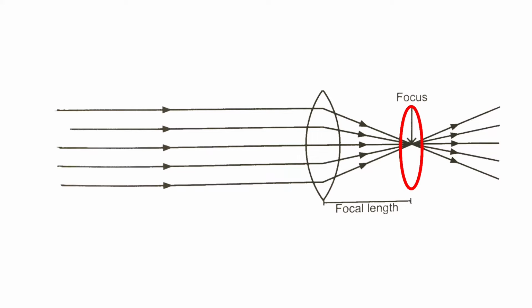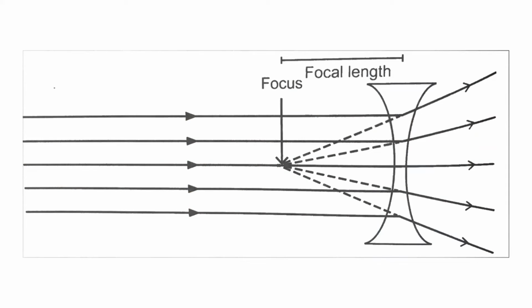Okay, let's see the refraction of a parallel beam of light through the concave lens. Like that there is a candle, and from that candle light rays are released, but those light rays get diverged after refraction.